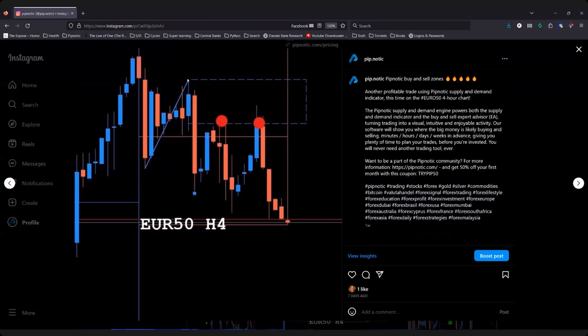Notice also we have a line that tells the user which price structure was compromised when this area of supply was formed, and it was this low here. Prices came up, down, up, we moved away, formed this area of supply, and then prices traded below this low, qualifying the area of supply.